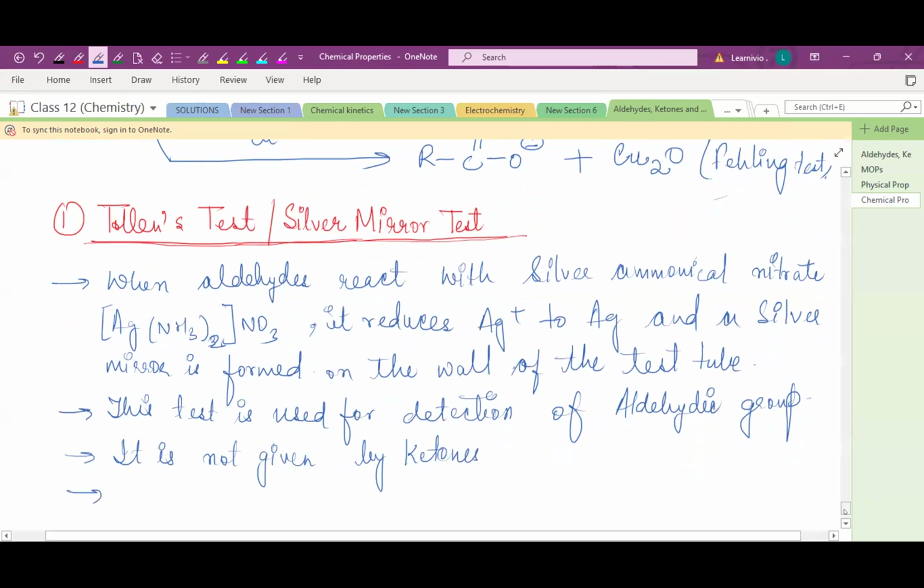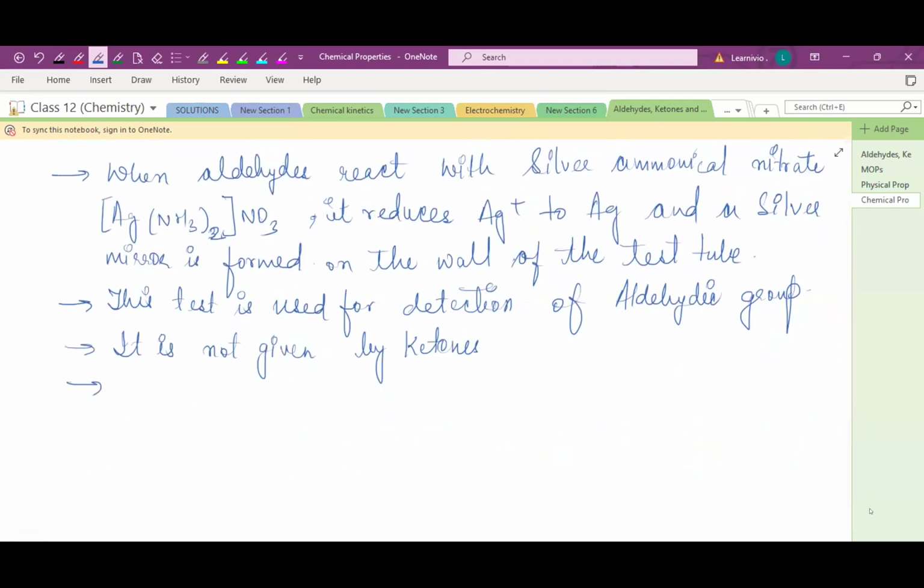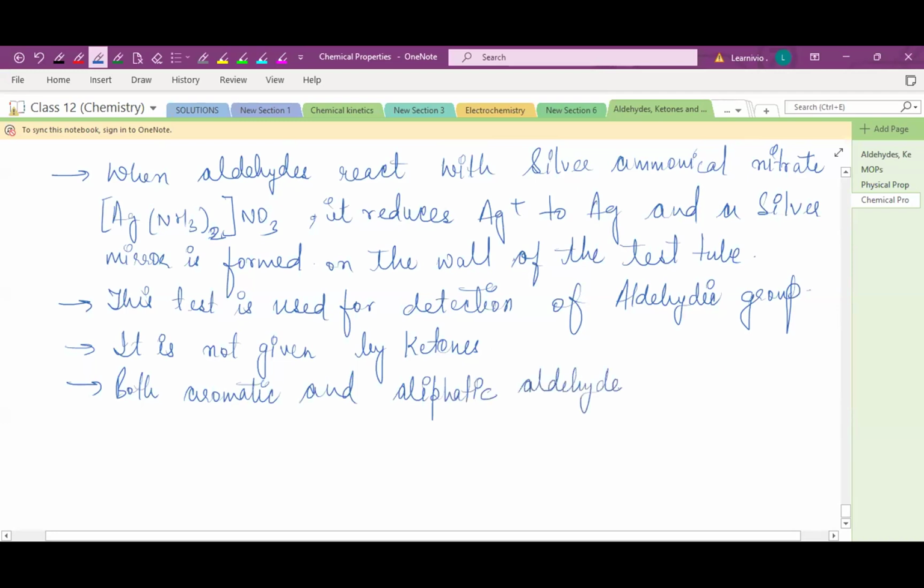And both aromatic and aliphatic aldehydes give this test.